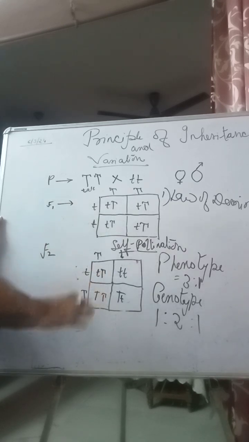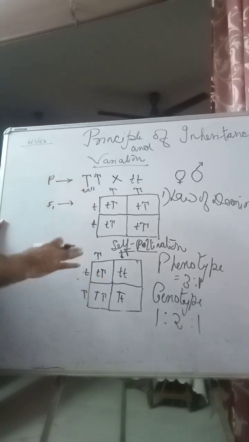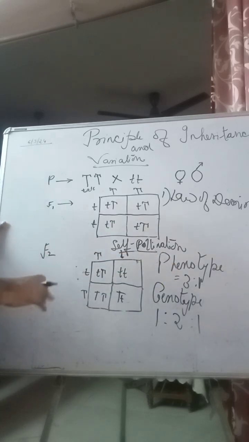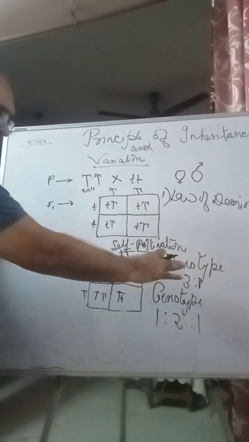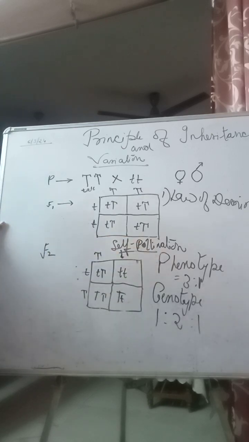So what has happened here is the recessive character, the hidden trait, has also featured in F2, in the ratio of 3:1. So in all the four plants, three plants are tall and one is short. So the ratio is 3:1, that we can see from outside. That is called the phenotype. Now, what is the genotypic ratio? What is the constitution of the genes here in the four plants?